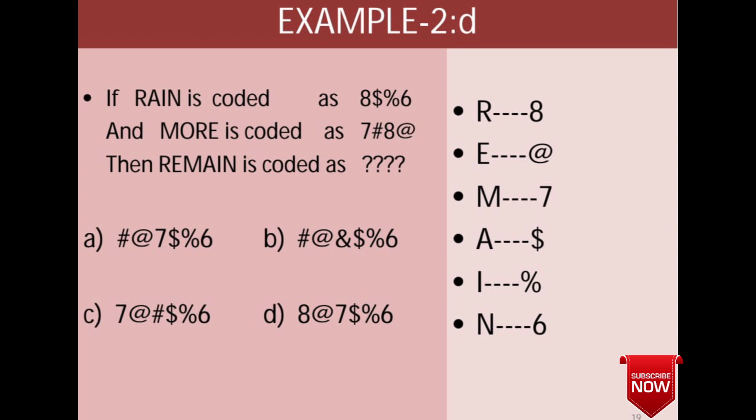Likewise, in the word MORE, M is coded as 7, O is coded as #, R is coded as 8, and E is coded as ¥. By these clues, you may find the answer for REMAIN: R represents 8, E represents ¥, M represents 7, A represents $, I represents %, and N represents 6. So the correct option we can take is option D, which is 8, ¥, 7, $, %, 6.